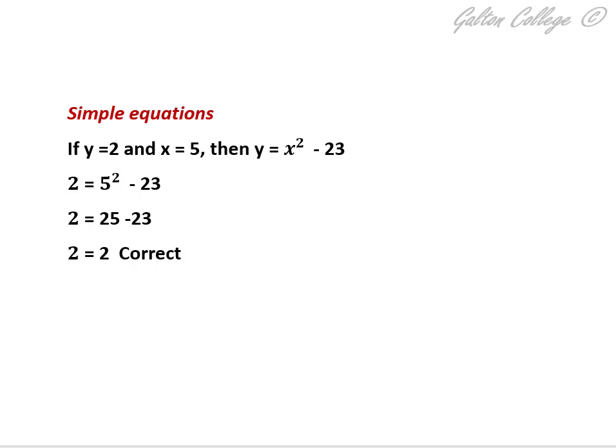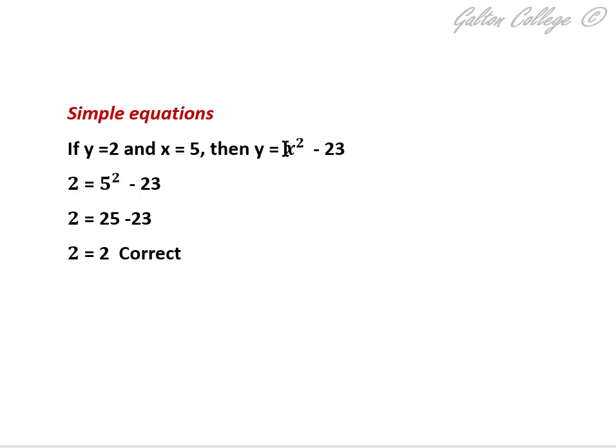Now let's look at simple equations. See if we can move from general points about algebra to just simple equations. So if y equals 2 and x equals 5, then y equals x squared minus 23. Now y equals 2, x equals 5.